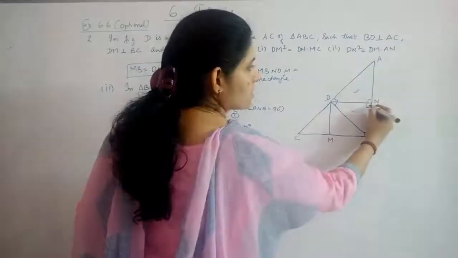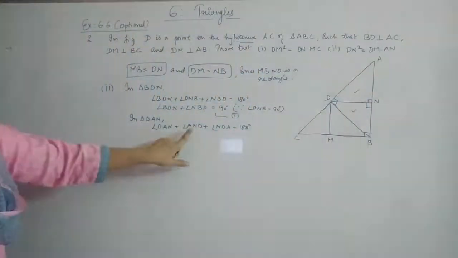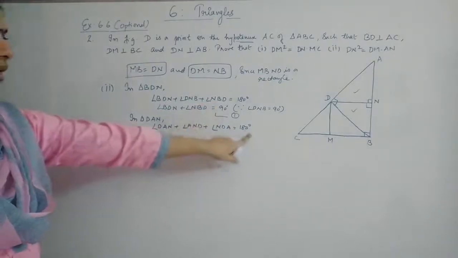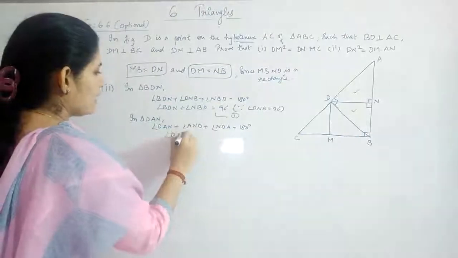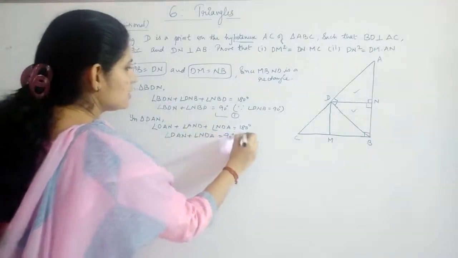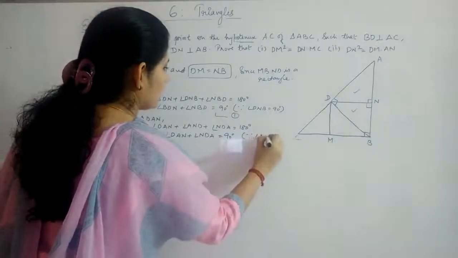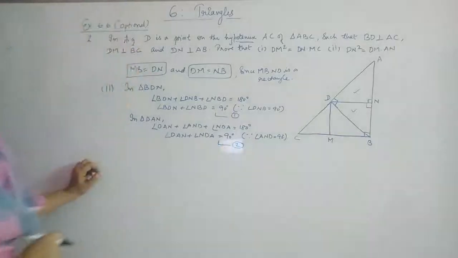This one, right? If this is 90, this is also 90. So you can just replace that angle with 90, that is your AND, and it will go there. It will become 180 minus 90, so that you will have angle DAN plus angle NDA is equal to 90 degrees, since angle AND is given to be 90. Put it equation number 2.